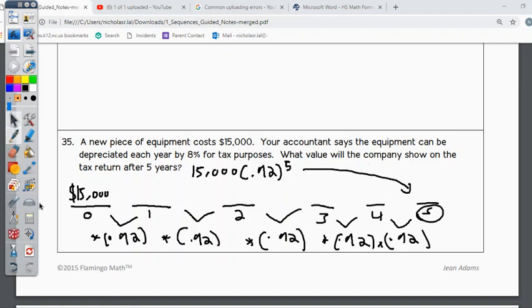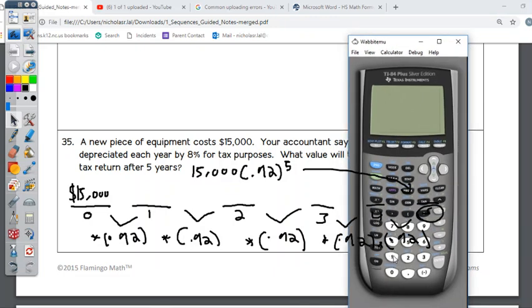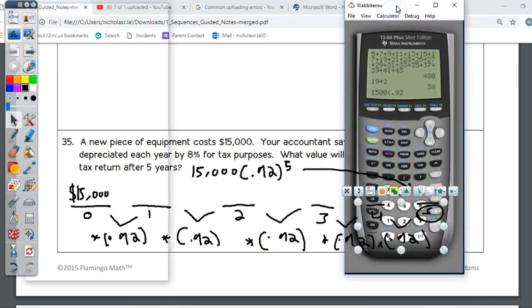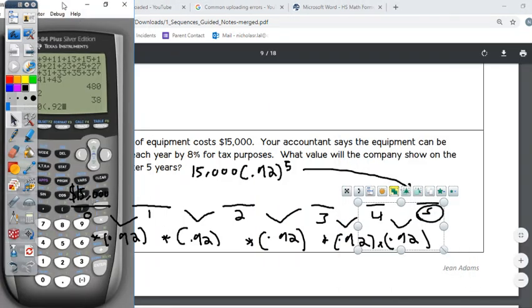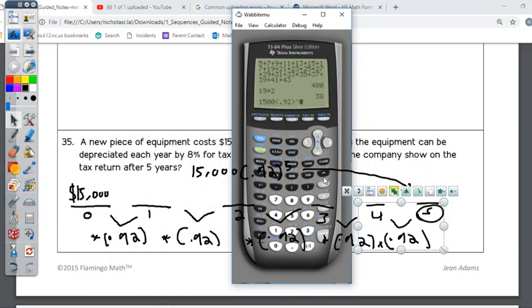So $15,000 times 0.92 to the 5th power should equal 900.